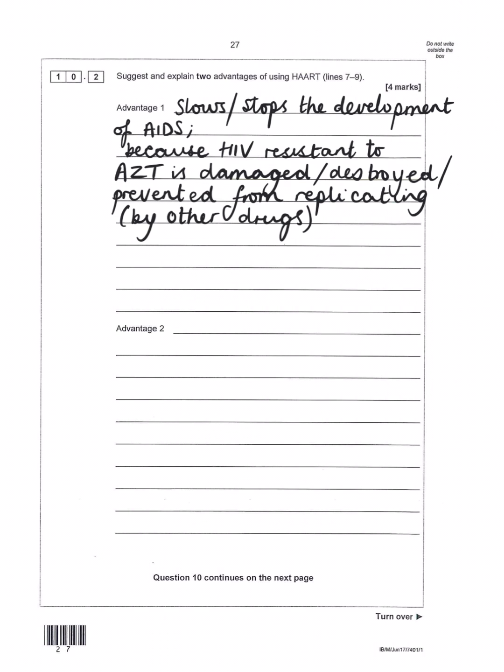A second advantage is that AZT continues to work as a drug when used in combination with other drugs. This means that any AZT-resistant HIV are prevented from spreading to other individuals.